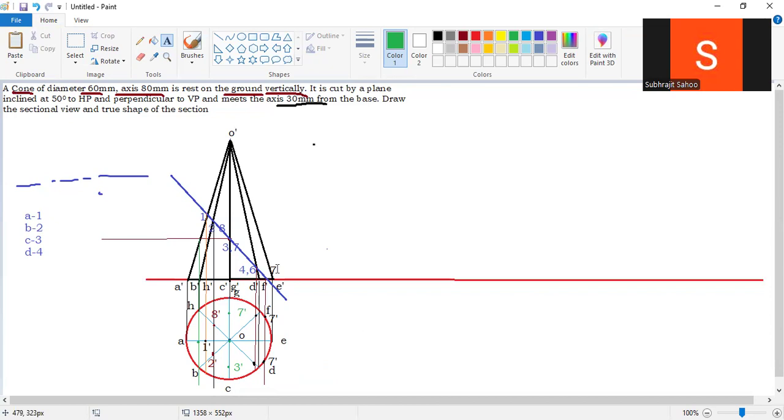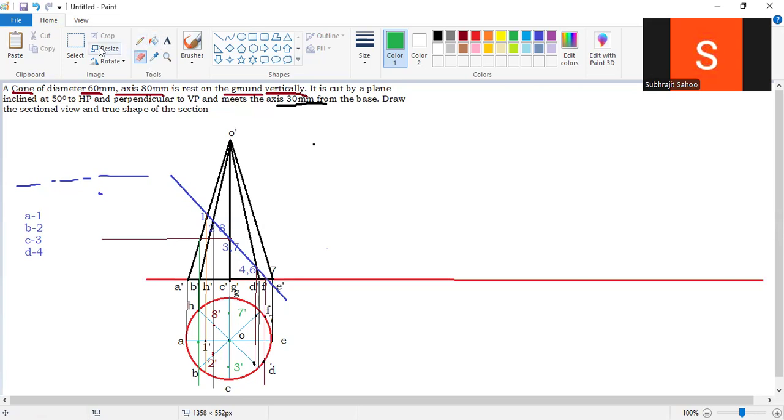This is 1, 3, 8, 4, 6. Okay, this you give. No need to give any point here. 7 dash I have mistakenly given. So erase this one. The 7 dash is not triggered already. You can give 9 dash, no problem. This point is 9. Here 9 dash, 9 dash.